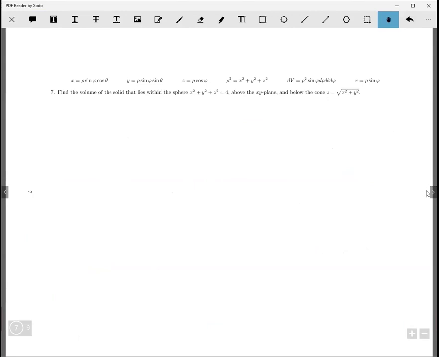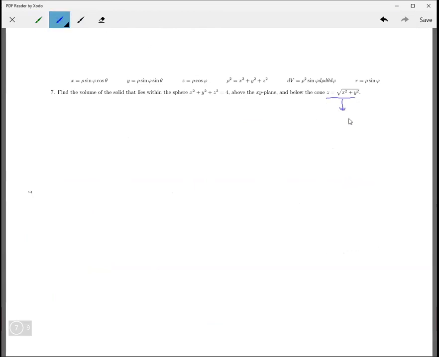Number 7. So you're supposed to find the volume that lies within the sphere, above the xy plane, and below the cone. Okay, this cone right here is phi equals pi over 4. That's an equation for this cone.